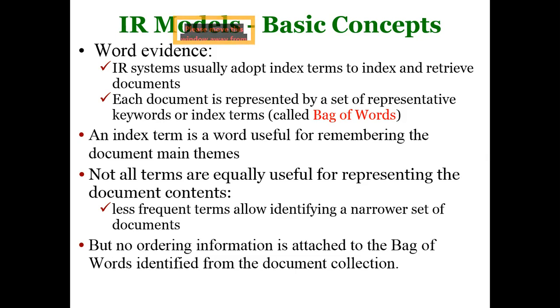The most relevant document should appear at the top of the list, and the least relevant document should appear at the bottom of the list. To do these things, we need an IR model, a model that can help us conduct the searching: how to measure the importance of the word in representing a document, how to identify relevant documents for a given query, and how to rank documents as per their relevance for a given query.